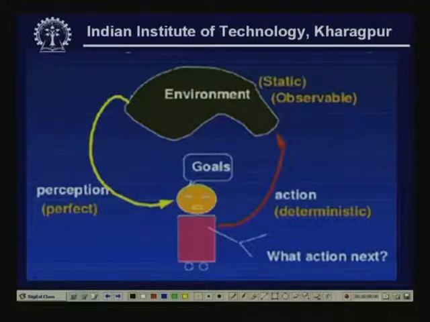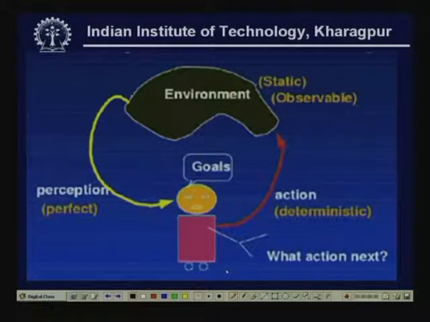The agent receives perceptions from the environment through its sensory apparatus, and we assume that this perception is perfect. That is, the environment is fully observable to the agent, and the agent can take actions through its effectors which can change the state of the environment. We will consider only deterministic actions.